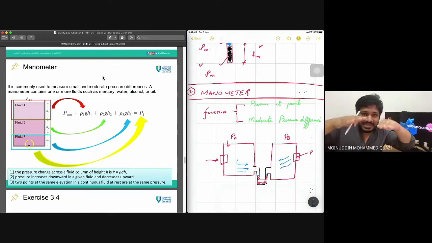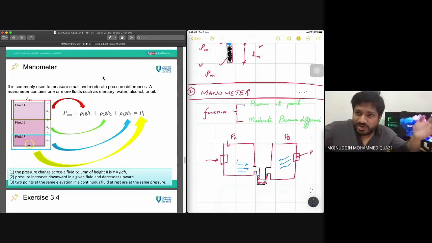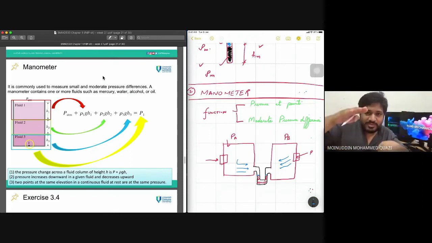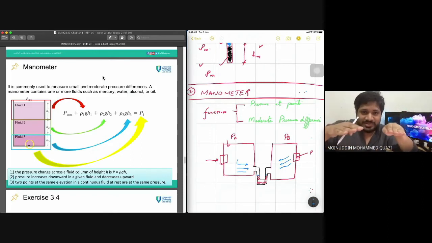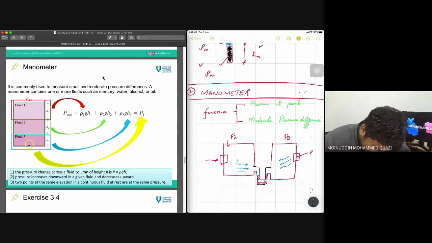The fluid balances out and becomes equal. The fluid cannot move up or down, because the same pressure is acting on both surfaces of the fluid. So the height is the same.